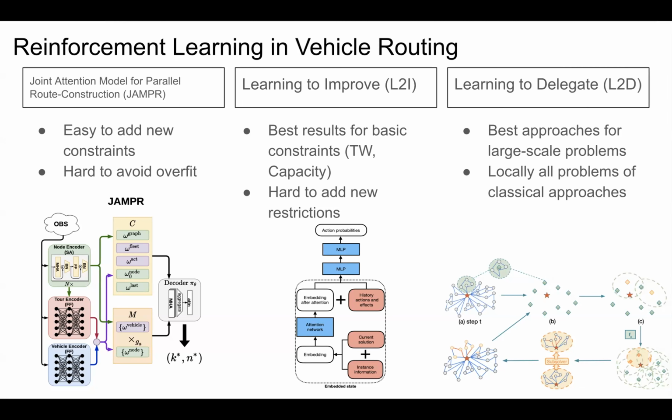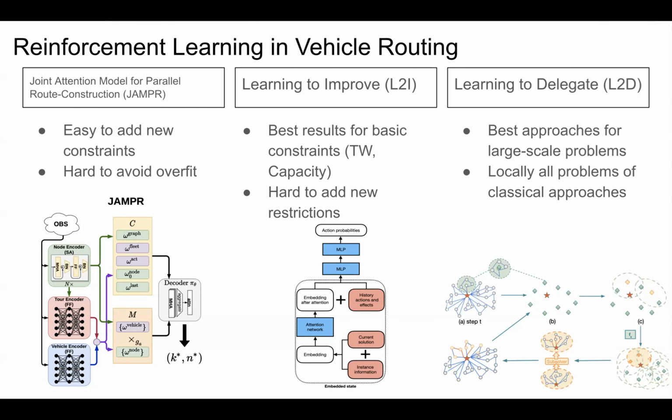The third and latest one is an approach based on dividing routes into subroutes and trying to optimize a small part of the task with a classical approach. Of course, all three of them have their own pros and cons.